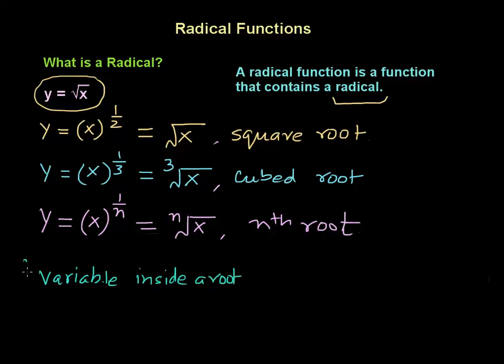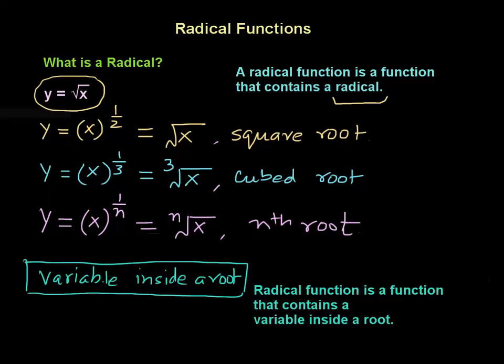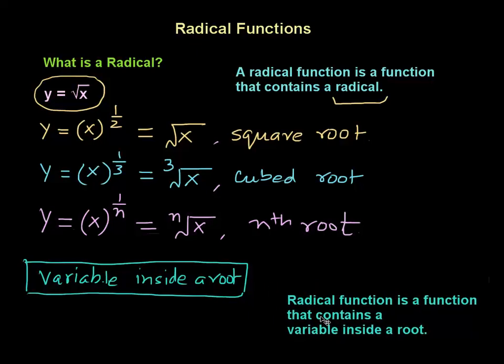This is the important part to understand: a variable inside a root is basically a radical or radical function. Let's quickly go back and write the definition. A radical function is a function that contains a variable inside a root, and that basically concludes the discussion of the entire part.